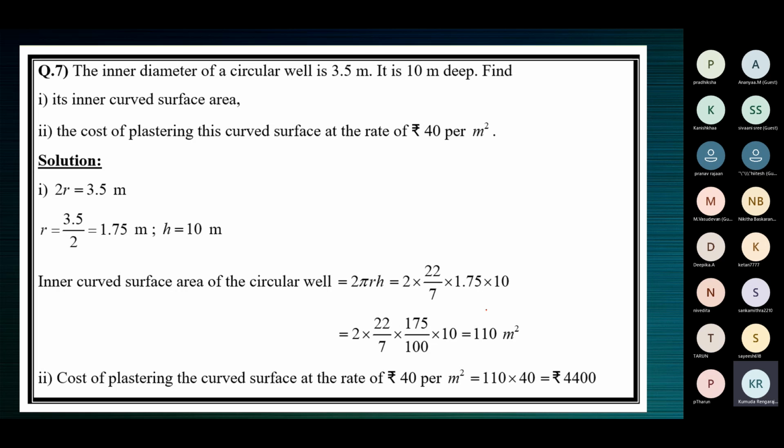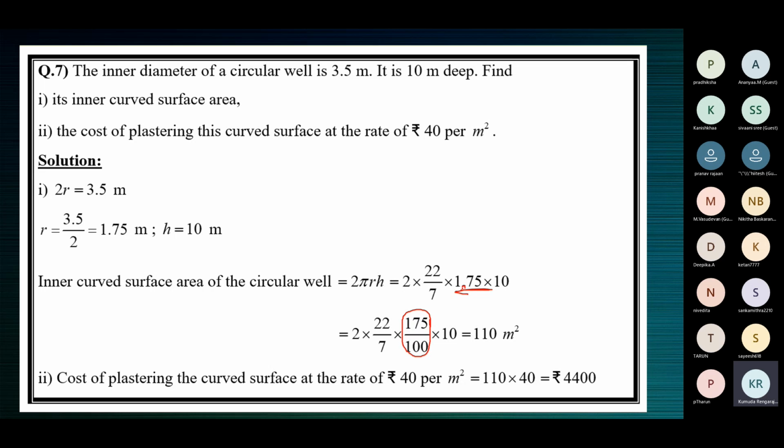So radius, height we have. Inner curved surface area, CSA is 2 pi RH. There's only one radius and height, 2 pi RH. Substitute the values. You can get rid of this decimal point. We are not converting here, children. 175 by 100 is not converting to some different unit.